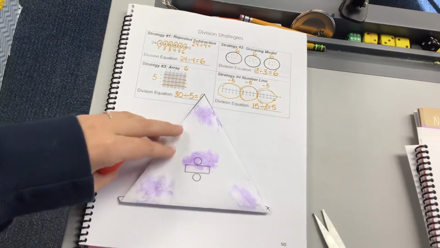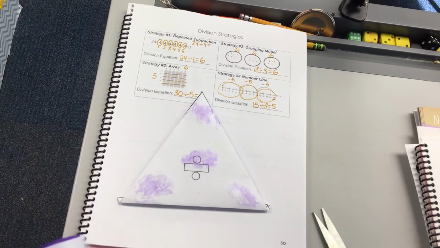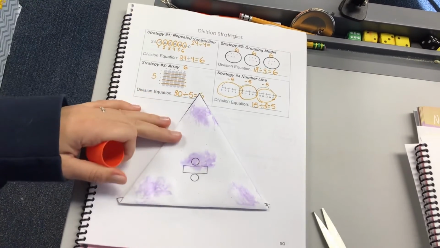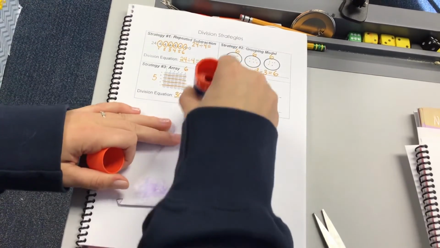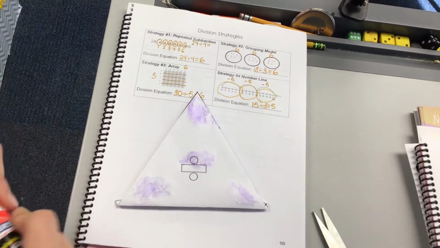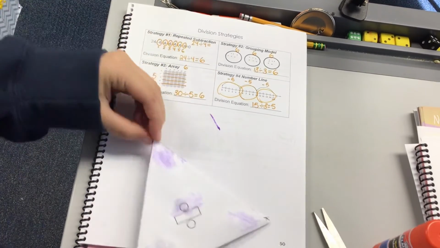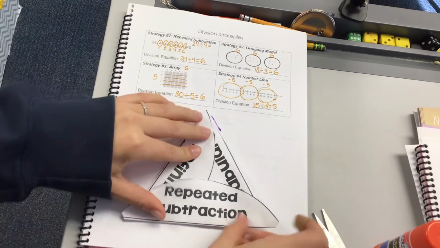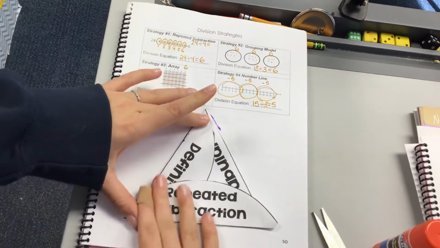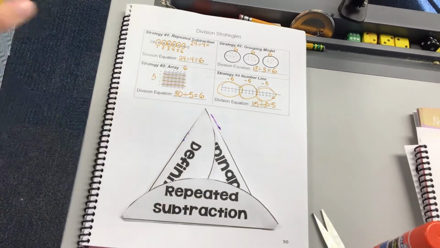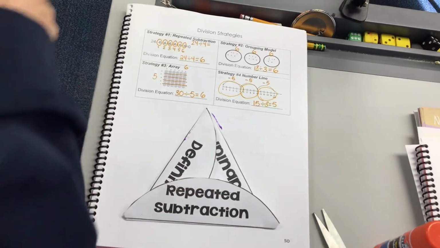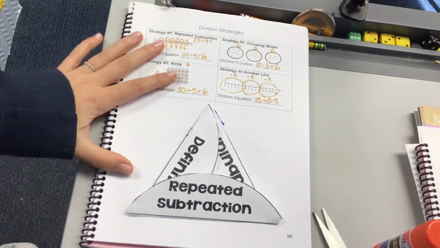So look what I just did with my glue stick. If you have liquid glue, this is how you should do it. Okay, and raise your hand if you forgot a step, and I'll come help you, or if you were a little behind, because this one's a little harder than our other foldables.